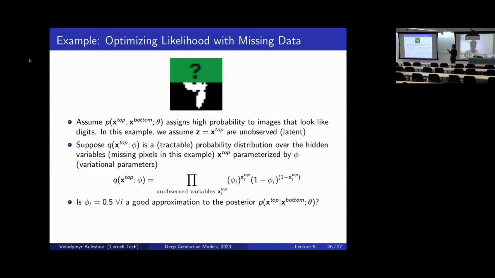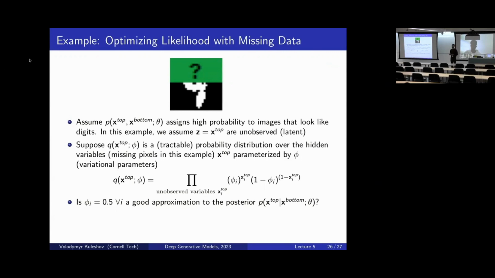If this model is good, then the probability of X top given X bottom should place high weight on the pixels of that digit. So this is a 9, probability of X top given X bottom. If the model is already reasonable, then this should look like the completion of the digit.